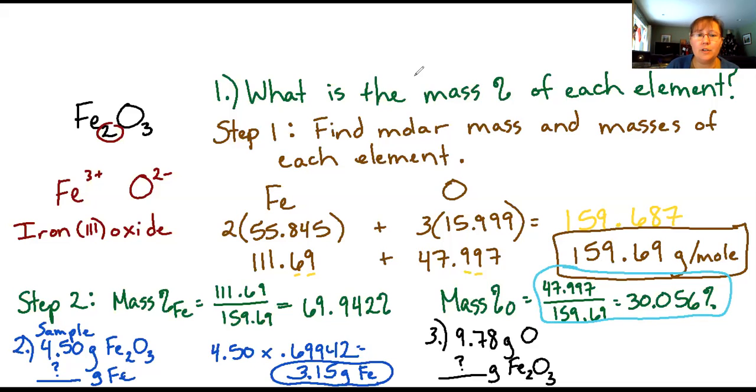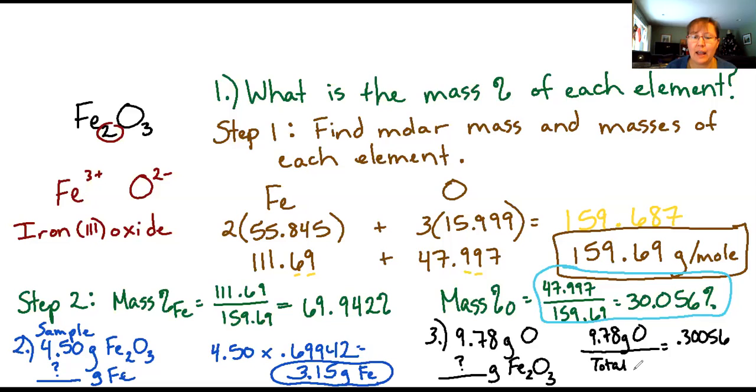You would say, if I have 9.78 grams of oxygen divided by my total, that is going to equal my percent, 0.30056.